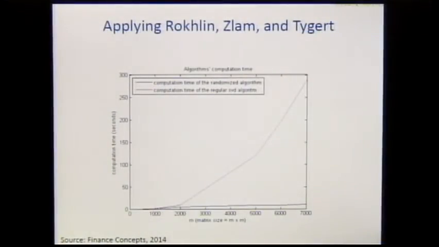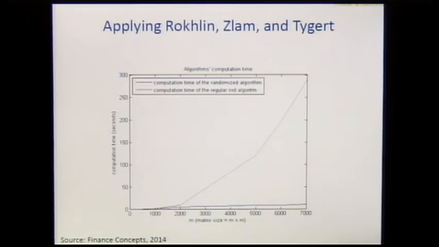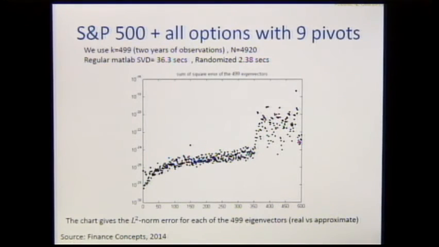So how fast? If you look at computational time versus size of the matrix, for SVD this grows cubically with the size. This grows like nothing, it doesn't grow. This is the computation time with regular SVD or the randomized algorithm. S&P 500 and all options with 9 pivots.